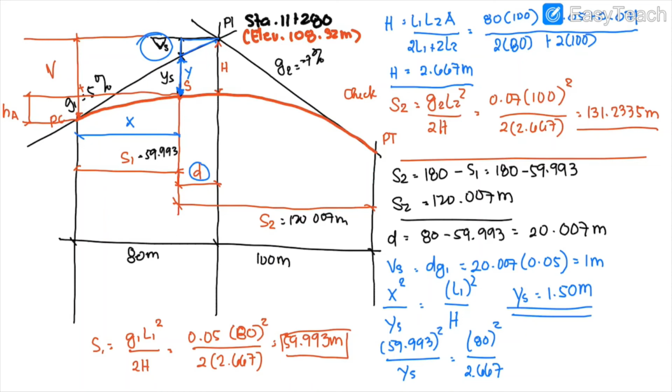So, meron na tayong VS at saka YS. We can simply solve the elevation, the station of S. Minus lang naman yan. At saka yung elevation, kayang-kaya na natin yan. Okay. Now, solving for the station of the highest point, S, is simply equal to the station of PI minus the difference distance D. Station PI was given as 11,280.